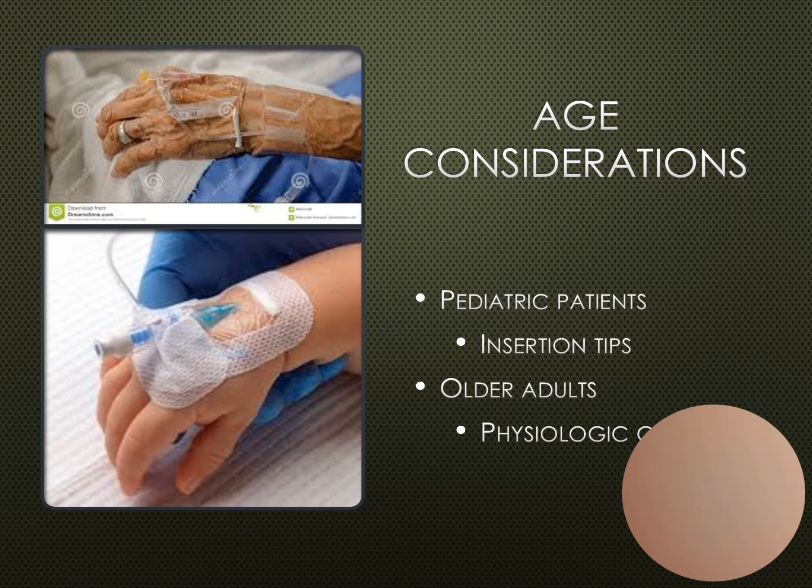Assessment of these clients has to be ongoing. We're looking for evidence of fluid volume disturbances, especially overload, evidence of electrolyte imbalances. We have to do accurate I&O monitoring and frequent assessment of the venipuncture site.